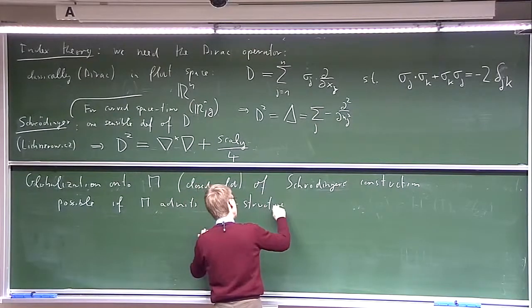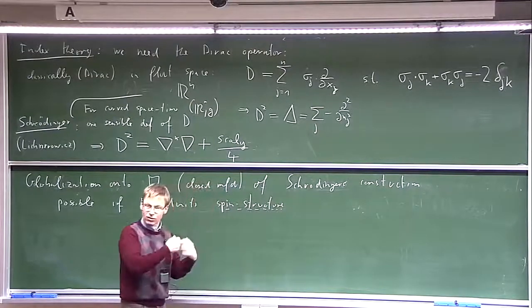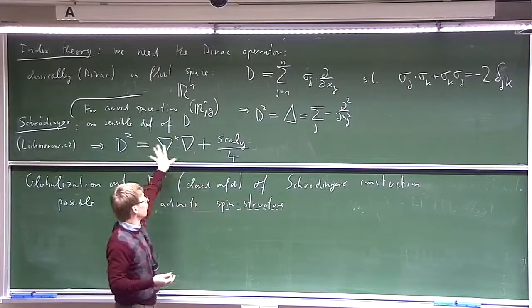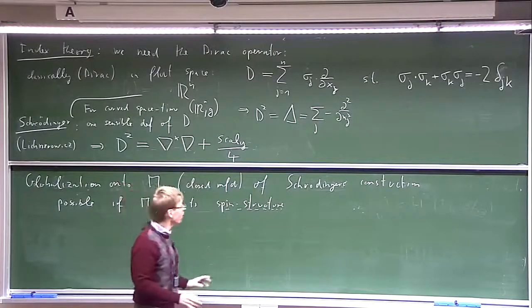I don't want to go into the details of what this is, just it's a topological condition, and it allows us to make these local constructions global by seeing that they patch up.